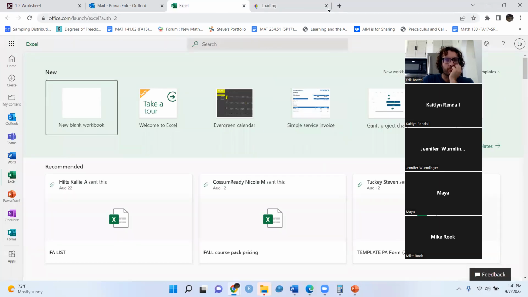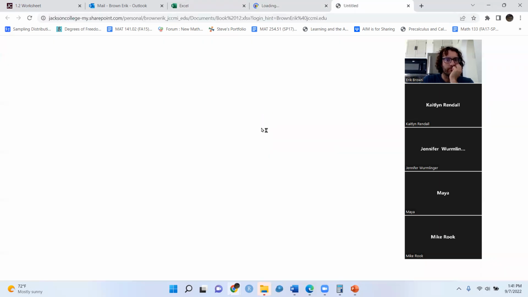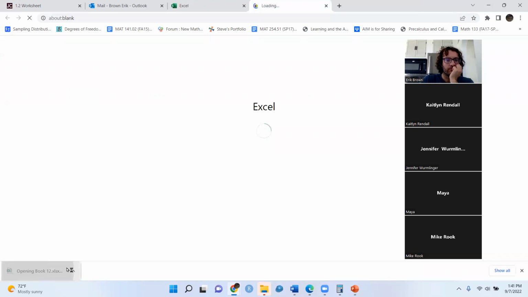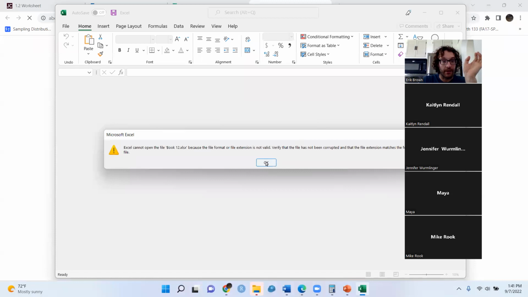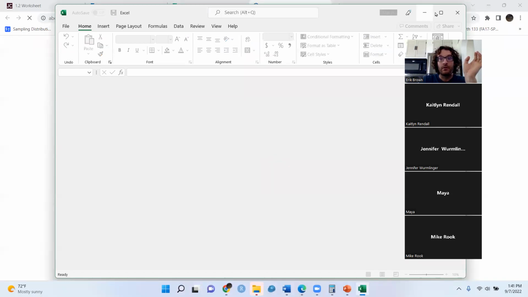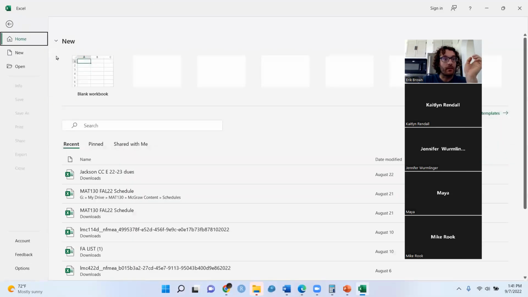What is going on? Let's just try again. Well, okay, for whatever reason it's downloading something. So I'm just going to open it on my computer. And we'll go from there.